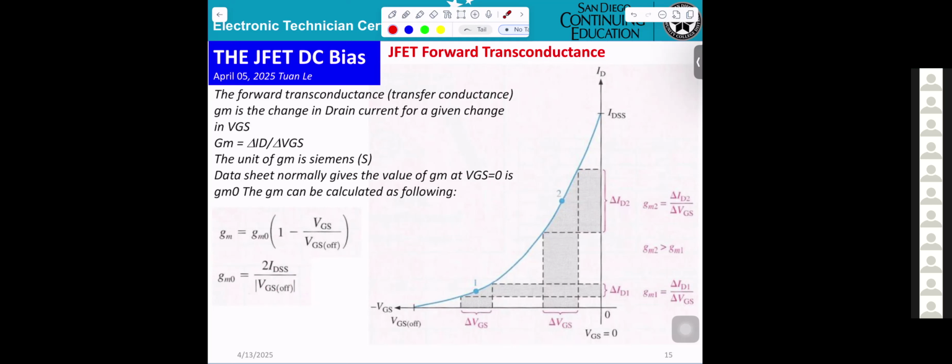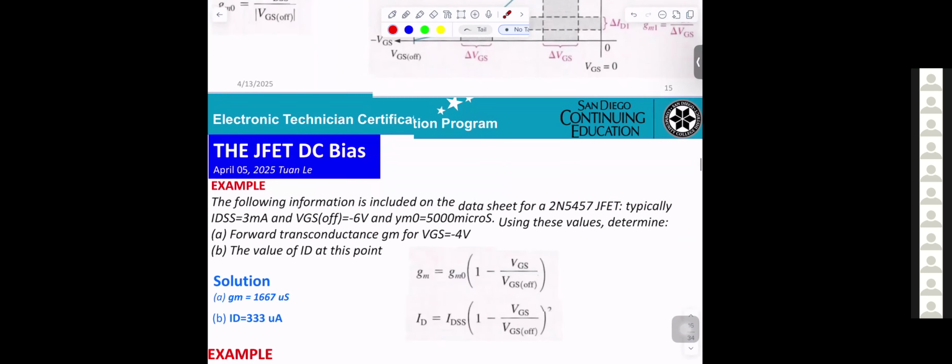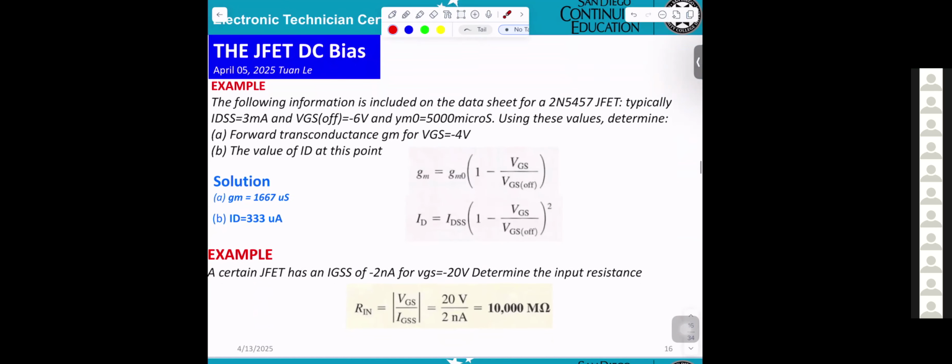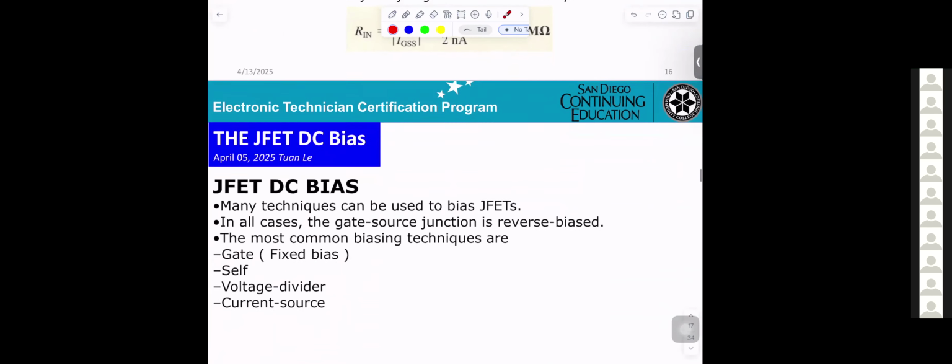The thing is, GM0 cannot be negative anyway. So basically that's just an example to calculate GM and the current.